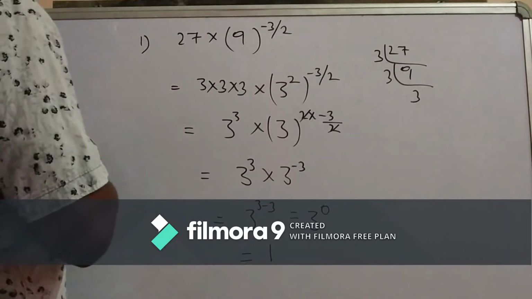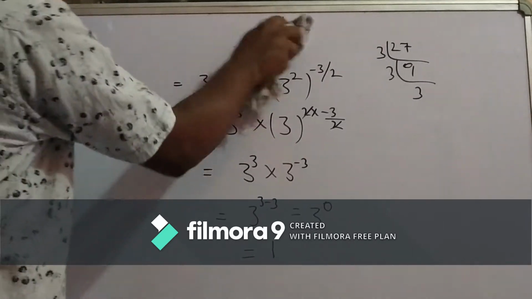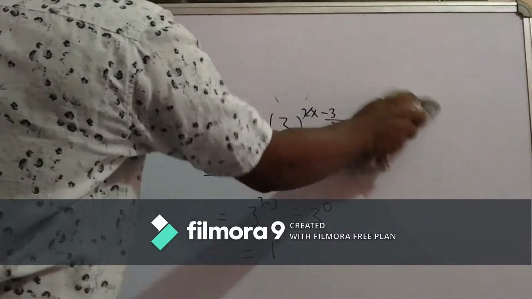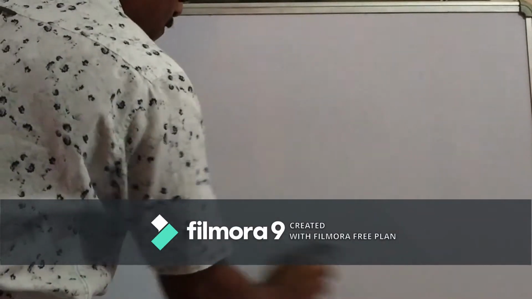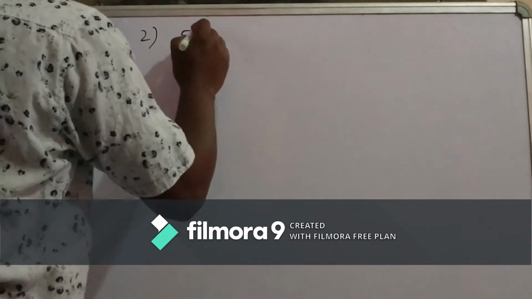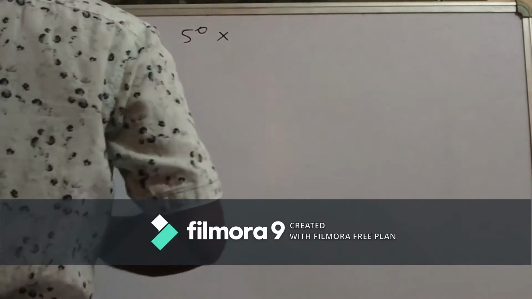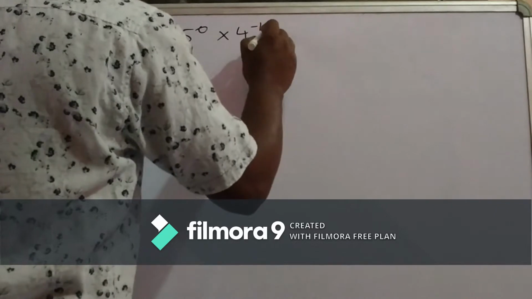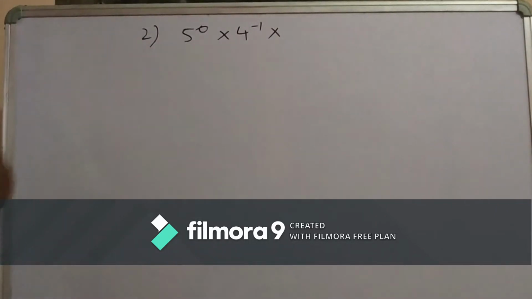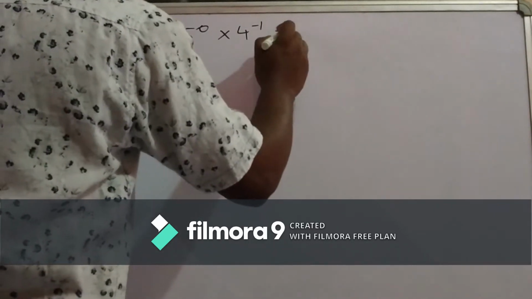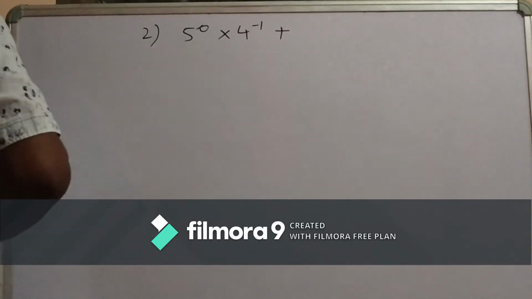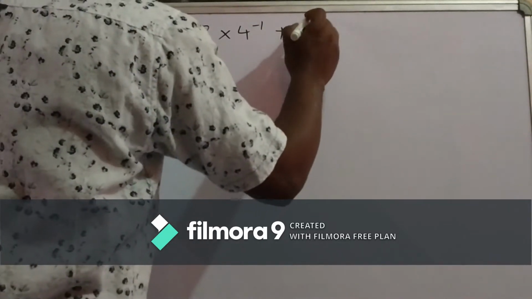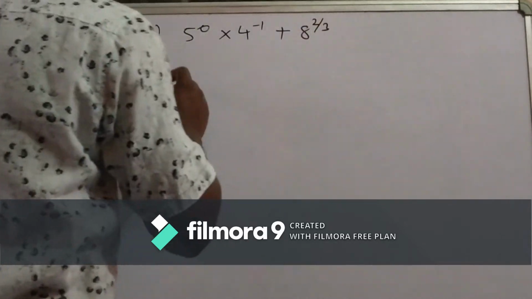Suppose another question is given. Question number 2: 5 to the power 0 into 4 to the power minus 1, plus 8 to the power 2 by 3.